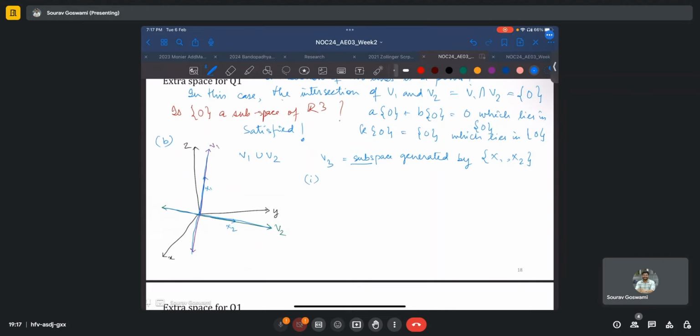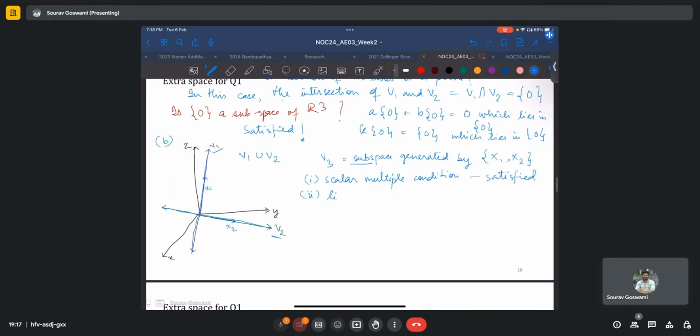So any scalar multiple. If we are just looking at the union, so these two lines, any scalar multiple of x1 lies on this line v1, any scalar multiple of x2 lies on the line v2. So the scalar multiple condition is satisfied for the union.